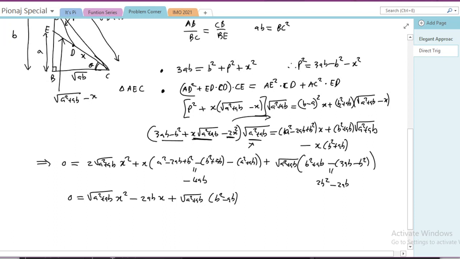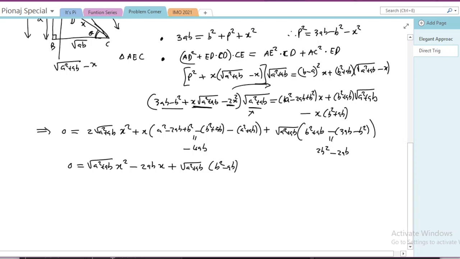Alright, so I want to solve this quadratic equation, but before we actually solve this, we should check the discriminant to make sure we get exactly one solution. So discriminant, that will be normally if you have ax squared plus bx plus c equals 0, discriminant would be b squared minus 4ac.